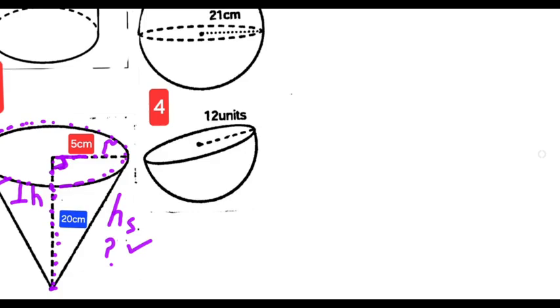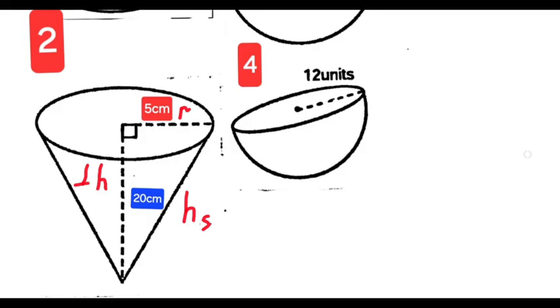Sometimes they give the cone upside down. So you must remember, a cone always has one base, which is a circle. Right. So we have a perpendicular height of 20 centimeter, and the radius we got is 5 centimeter. Slant height we don't have. I told you for the volume we use the perpendicular height, and for the surface area we use the slant height.